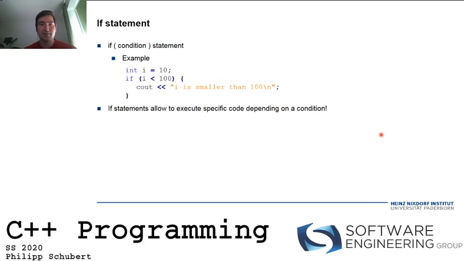First of all, i is smaller than 100, so this would evaluate to true. So this block would be executed, which then prints that message to the command line. If statements allow you to execute specific code depending on the condition that you specify in those parentheses.